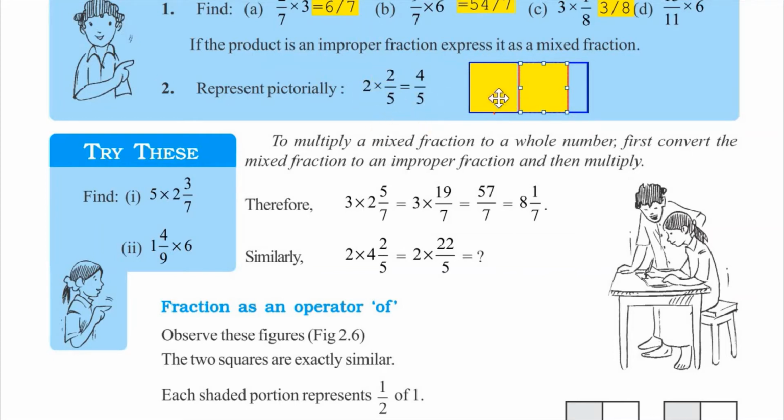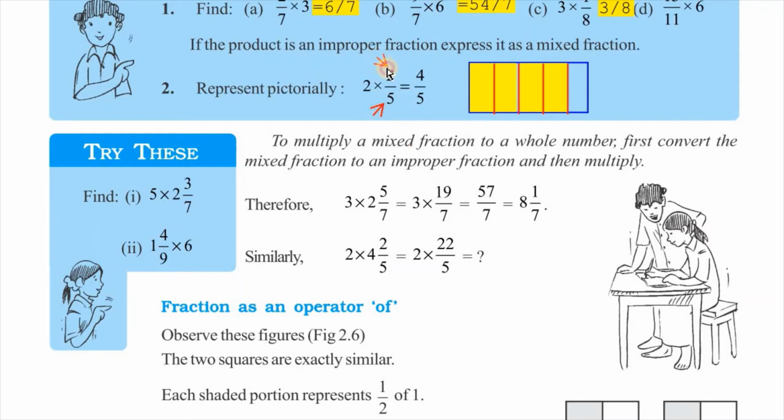So how many parts of the original rectangle does this represent? Now it should be easy for you to see. This represents 1, 2, 3, 4 parts. So whenever you are asked to represent something pictorially, you need to have a square or a rectangle or even a circle and then divide it into the denominator number of parts.